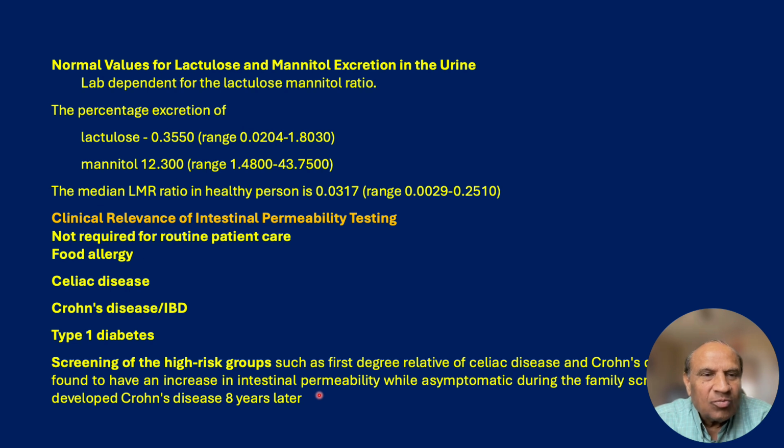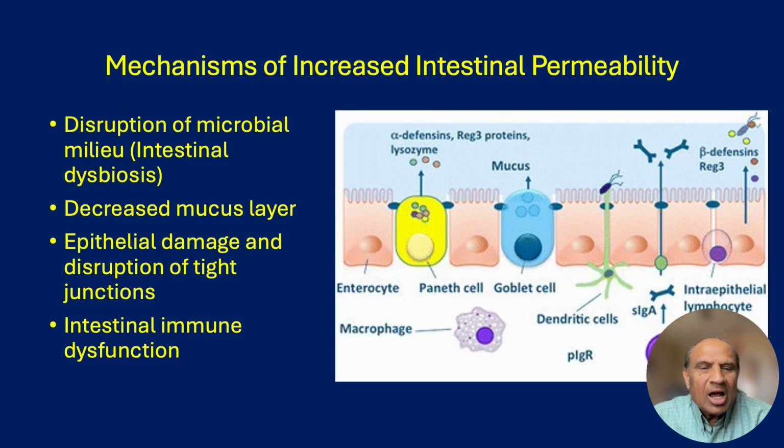So this is still evolving science. Whether to use this as a screening test is at a very, very early stage, and we do not use it currently. So now we will go ahead and look at what causes increased intestinal permeability.